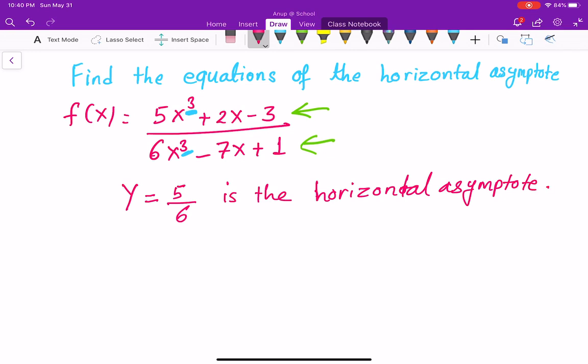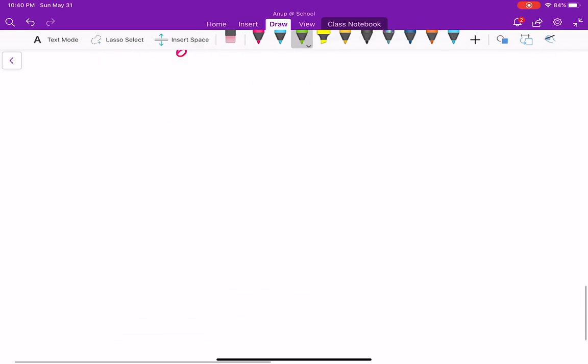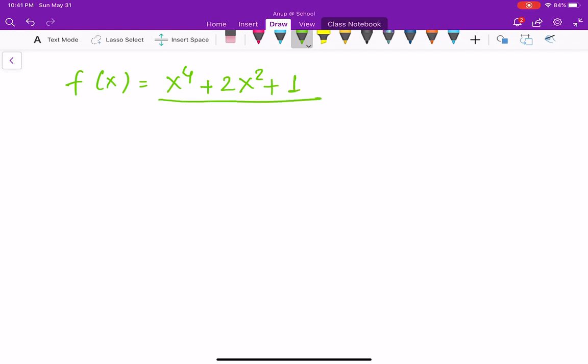All right. Now let's take another example where we have a function f of x equal to x to the power 4 plus 2x squared plus 1 divided by 1 minus x to the power 5. We do the same thing: check the degree of the numerator polynomial, check the degree of the denominator polynomial.